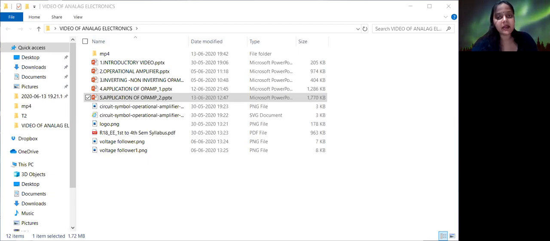Next is the comparator. Very important. Now, what is a comparator? As the name defines, it compares with something. Whenever we are comparing one analog voltage with any other voltage, that can be used as a comparator. Now, what is that other voltage?